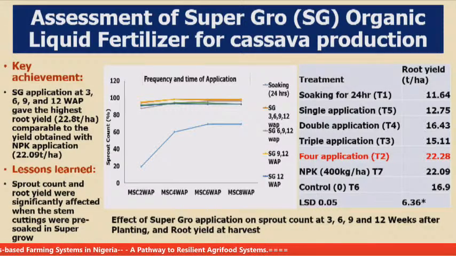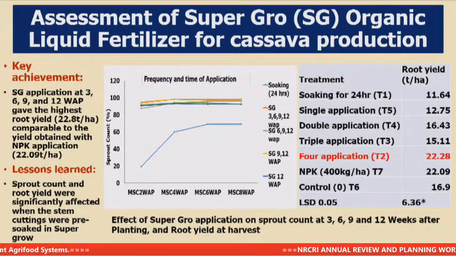But 4 applications, that's spraying at 3, 6, 9, and 12 weeks after planting, gave the highest fresh root yield.